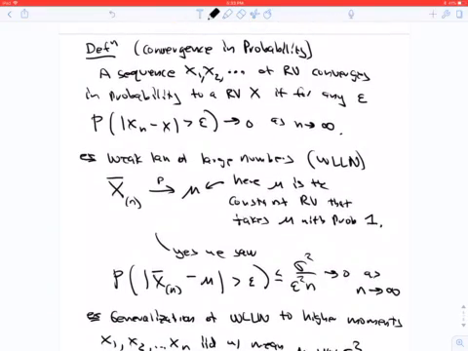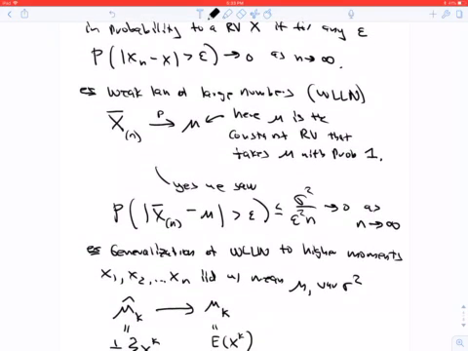So now convergence in probability. The idea is that we have a sequence of random variables. They converge to a random variable X if for any epsilon the probability that the absolute value of the difference is greater than epsilon goes to 0 as n goes to infinity.